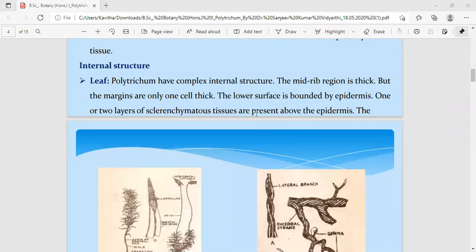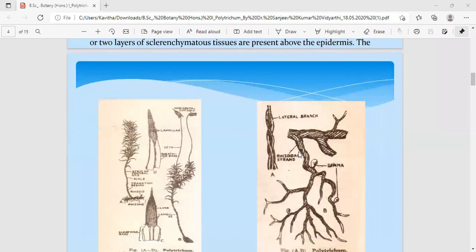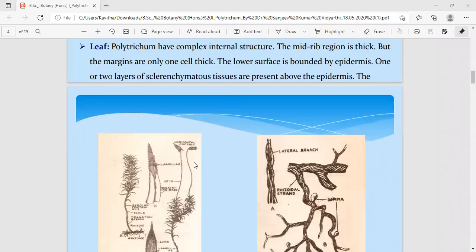So in the internal structure also, you can see the complexity. When we take the internal structure here, it consists of the upper epidermal tissue and the lower epidermal tissue, and the midrib region is very, very thick. I told you this consists of a central midrib region, which is much thicker in origin.